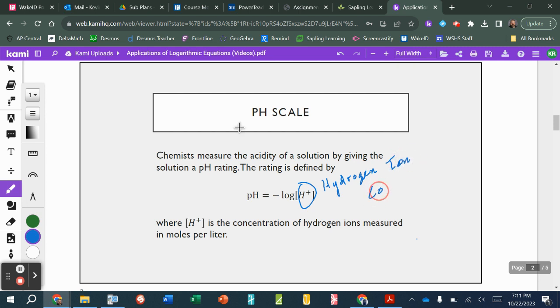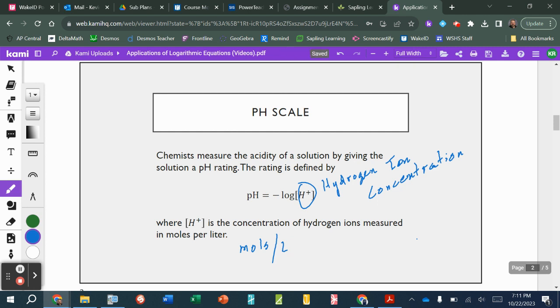And this is measured in moles per liter. If you want to abbreviate that, it's just going to be moles per liter.